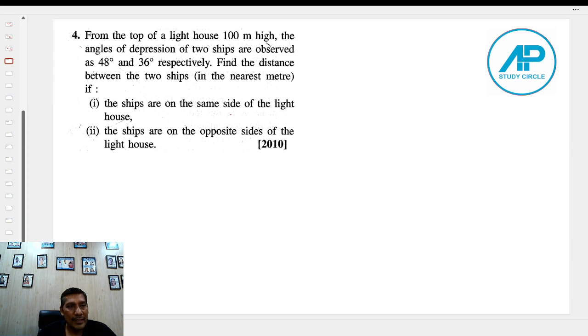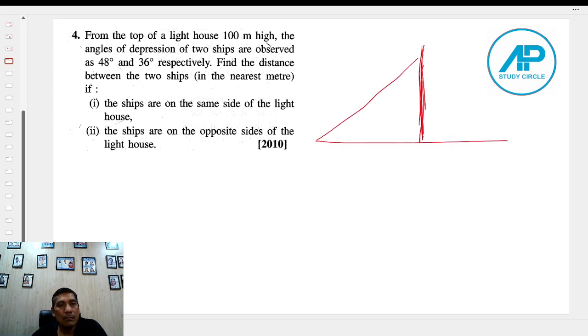This is a board question on 2010, very different also. So the top of the lighthouse, perpendicular. Now there are two cases in this question.